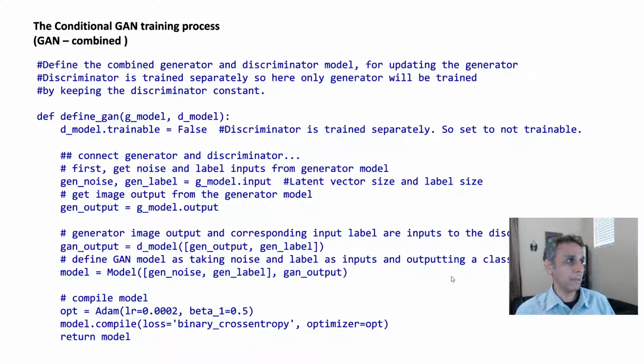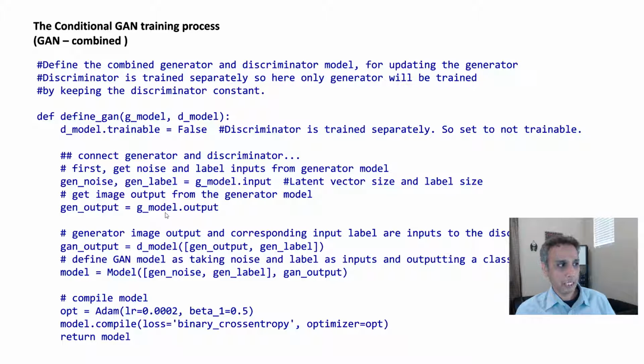So here we are actually combining both the generator and the discriminator. And as I mentioned earlier, the discriminator is going to be set as non-trainable, and only the generator is going to be trained as part of this combined GAN model. So first of all, what is your input to your generator model, which is basically your latent vector or noise, if you want to call that, and the label for the generator.